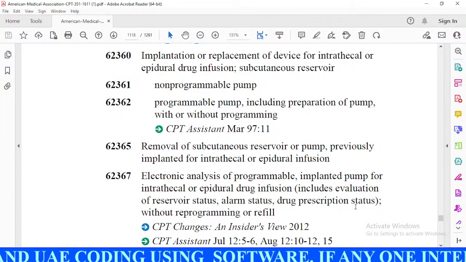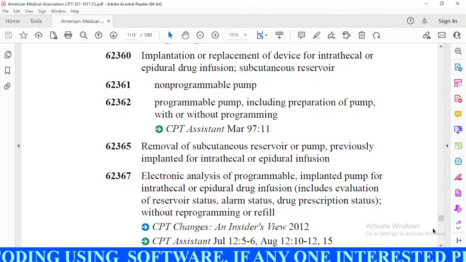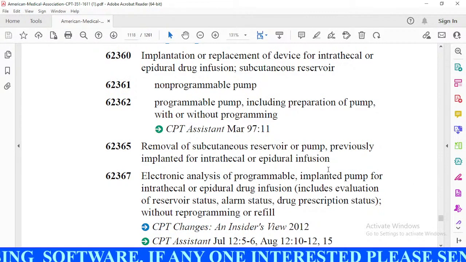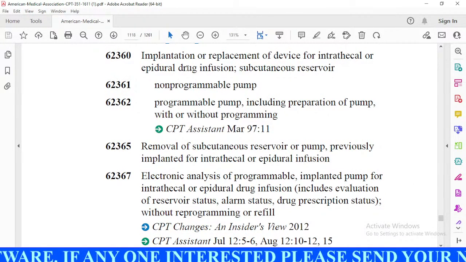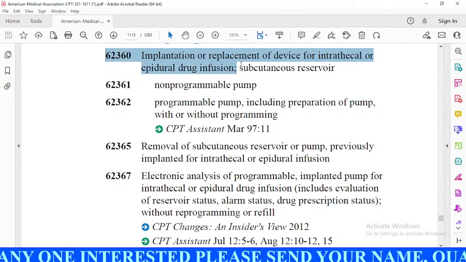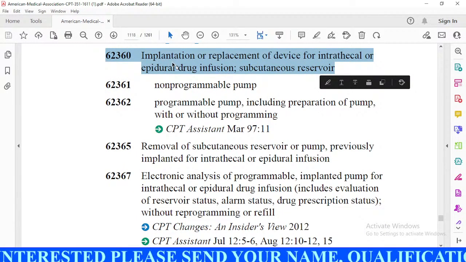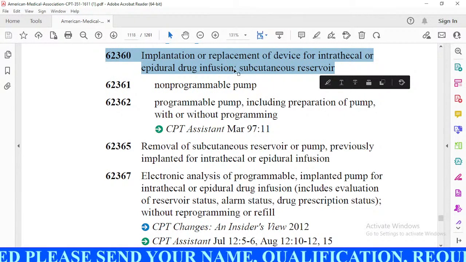What is next? 62360. Implantation or replacement. So directly we can eliminate 62360. Why? Because our physician has removed the pump, not implanted or replaced. So directly B is the wrong answer.